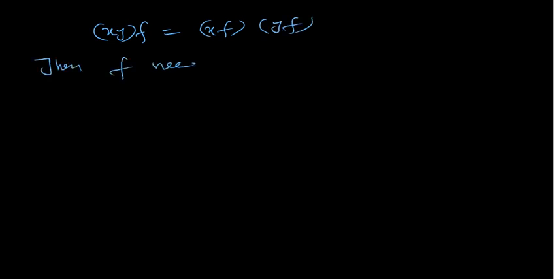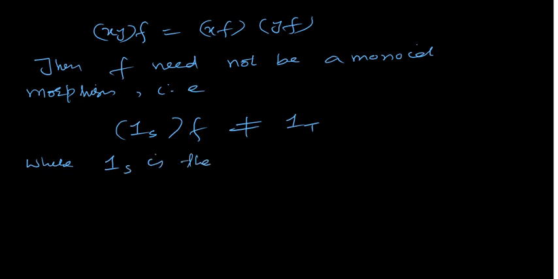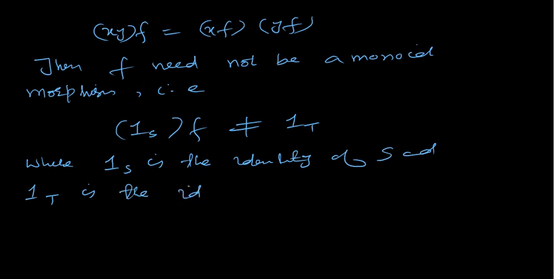Then f need not be a monoid morphism, that is 1s f need not be equal to 1t, where 1s is the identity of S and 1t is the identity of T.